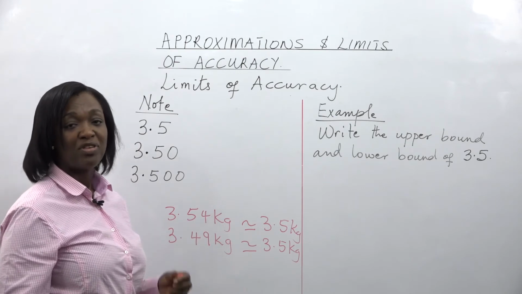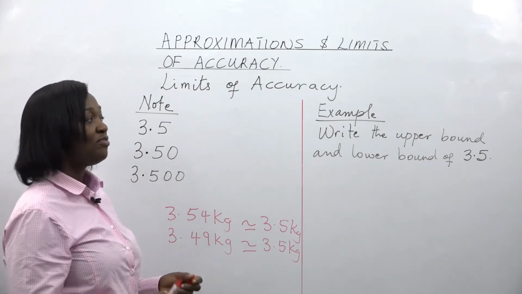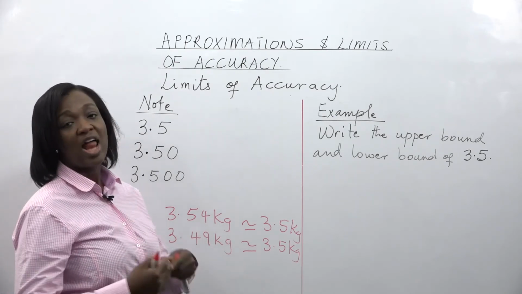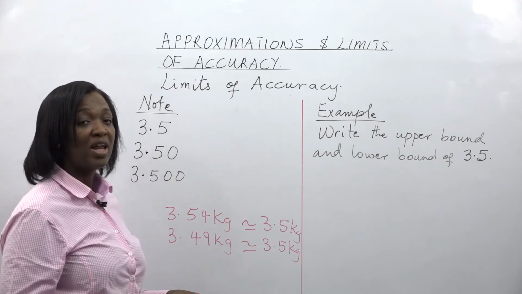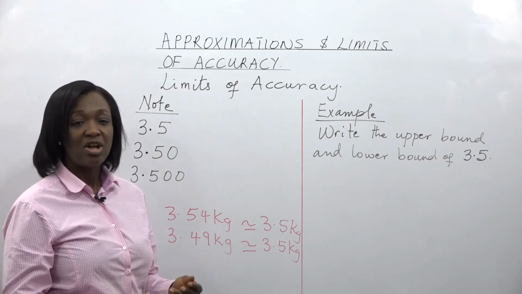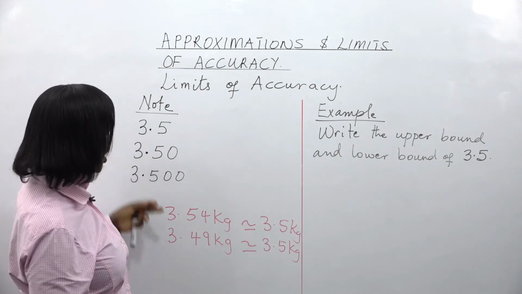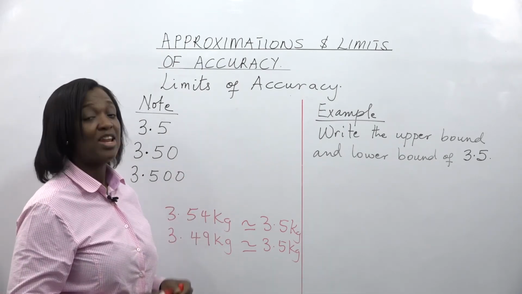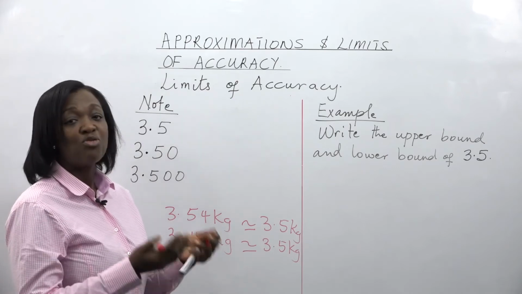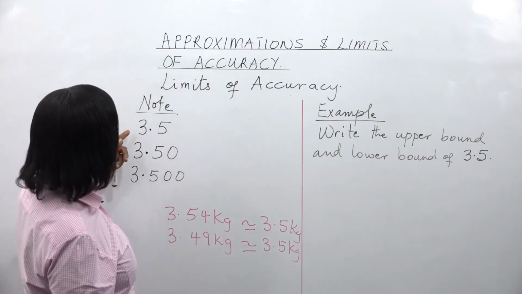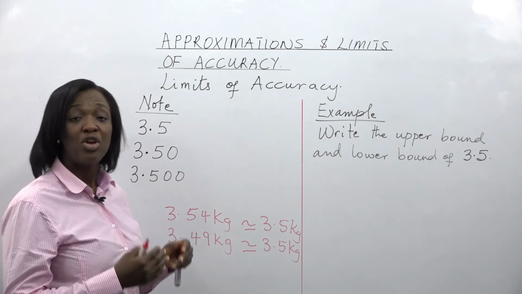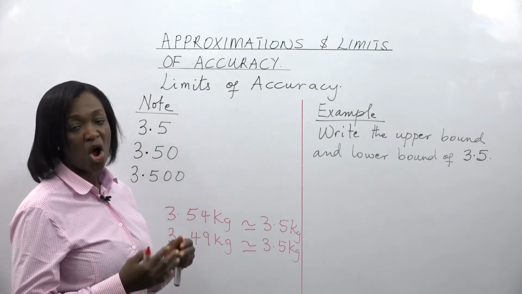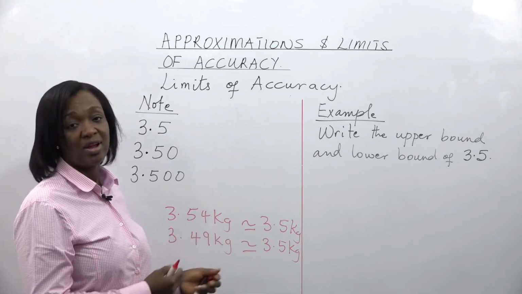And talking about limits of accuracy, you'll have to define upper bound and lower bound. And what do we mean by upper bound and lower bound? What is the highest number that could have rounded to give us 3.5? That would be the upper bound. And then what is the lowest number that could round to give us 3.5? And that would be the lower bound. Upper bound is greater than lower bound.